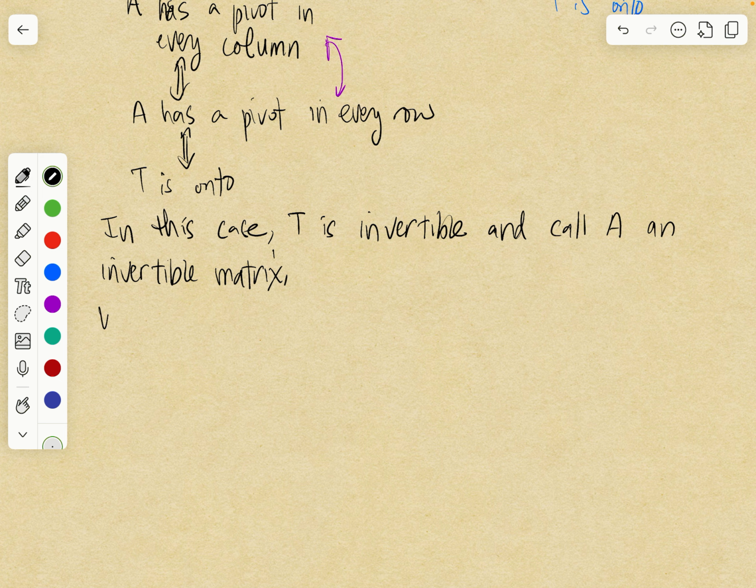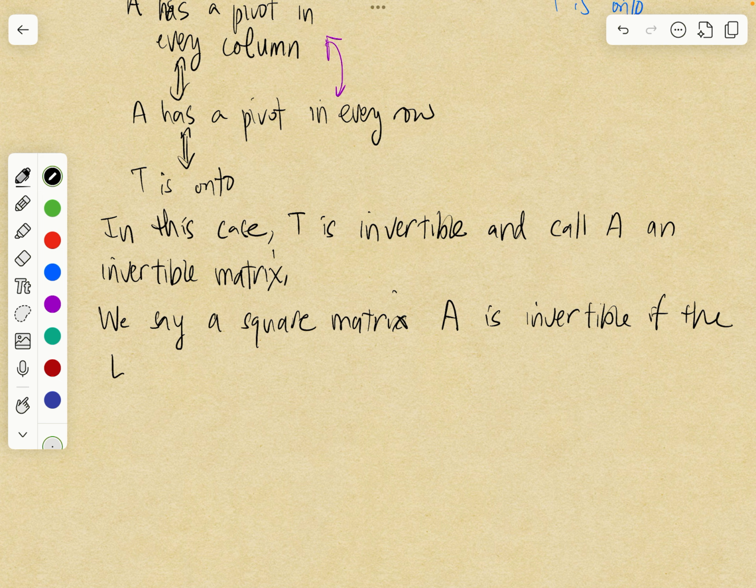And in general, we say that the square matrix A, remember whenever you have a matrix, you get a linear transformation from Rn to Rn. If you have a square matrix, it's invertible if the linear transformation that maps the vector x to the vector Ax is invertible.